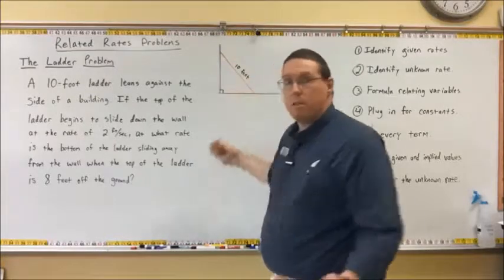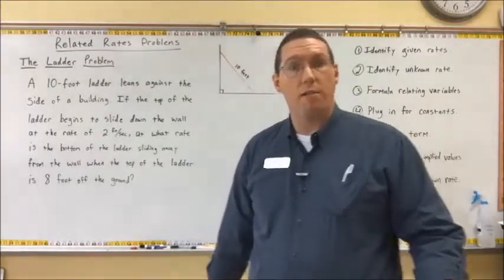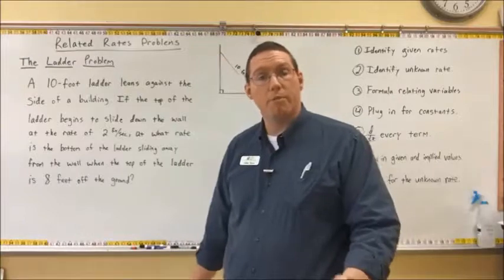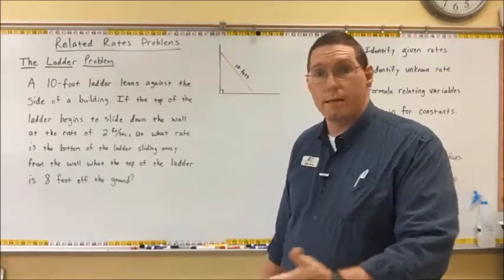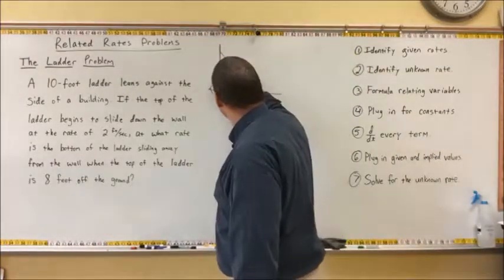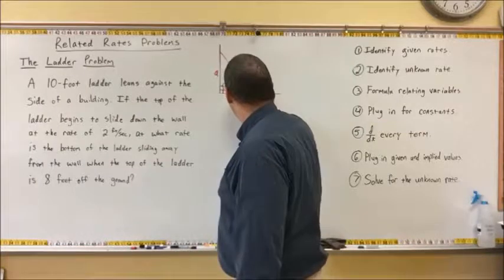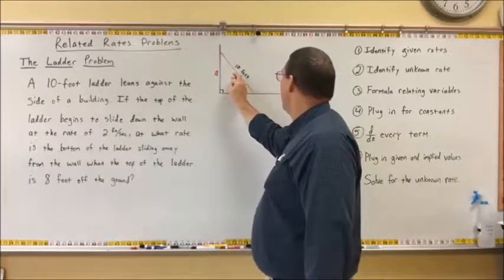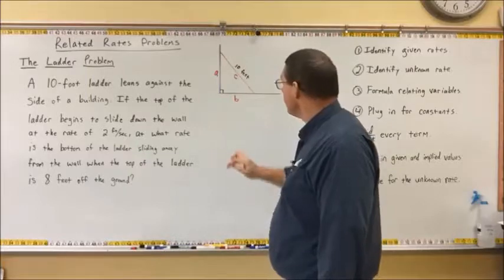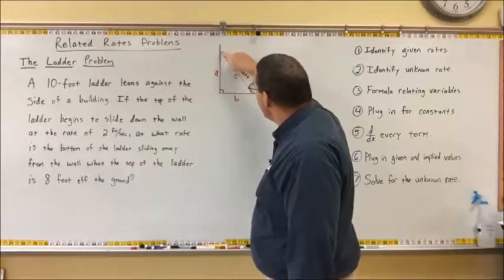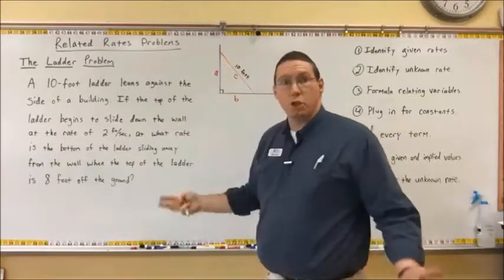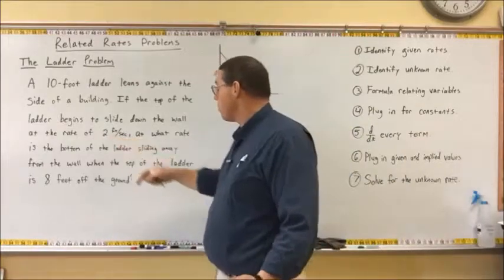We need names for the sides of the triangle. The Pythagorean theorem typically calls them A, B, and C. So we'll call this side A, this side B, and the hypotenuse C. Leg A is getting shorter at the rate of 2 feet per second.